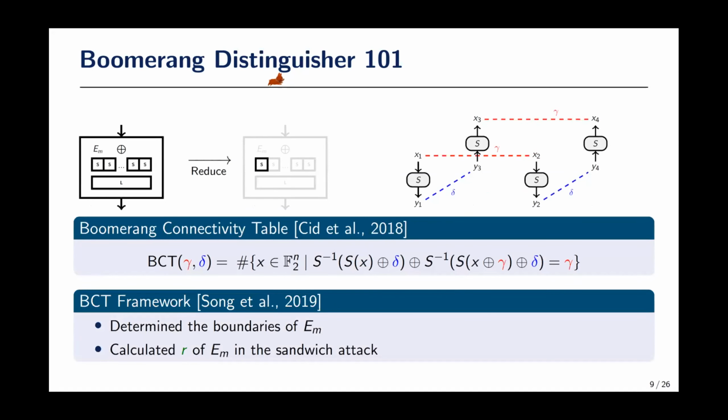After that, at FSE 2019, Song et al. revisited the BCT and proposed the BCT framework. This computes the probability of a boomerang distinguisher while considering the dependency.